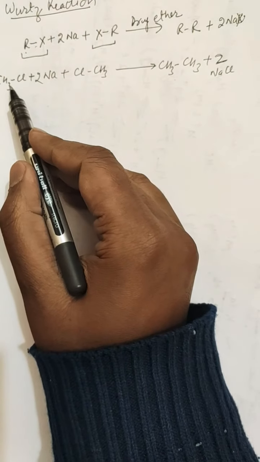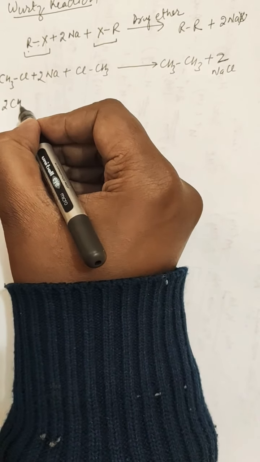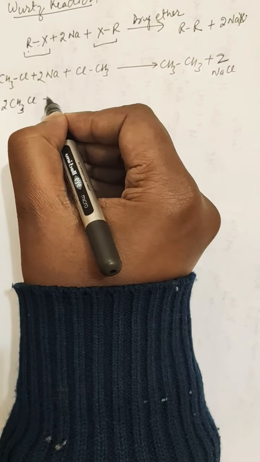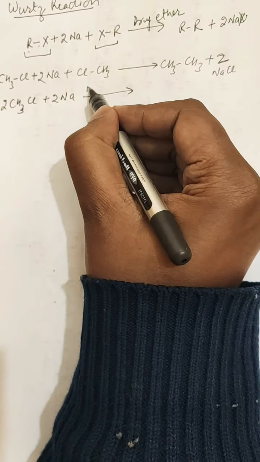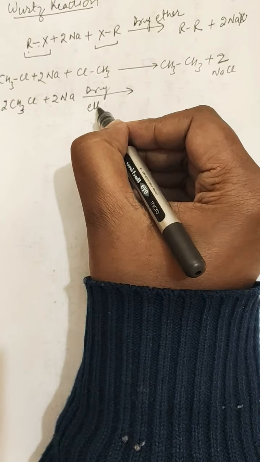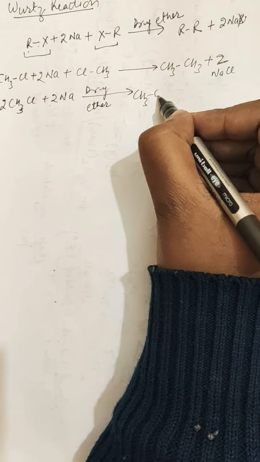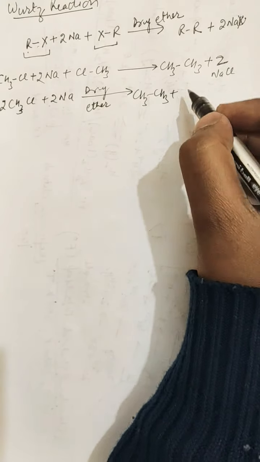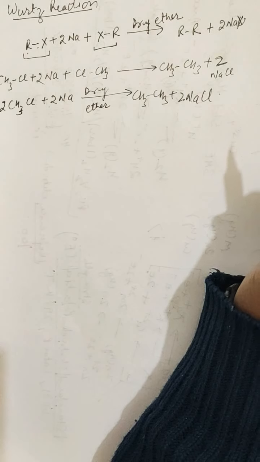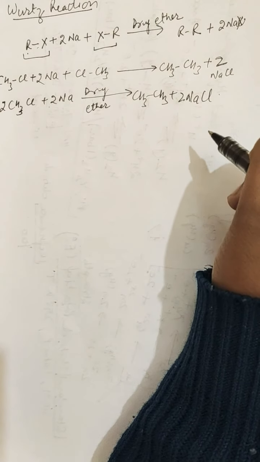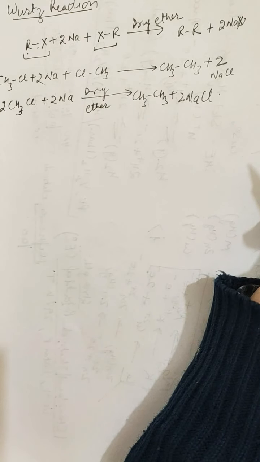It is not necessary that you always write in this manner. You can write it as two molecules of methyl chloride reacting with two atoms of sodium in the presence of dry ether to form the higher alkane CH3CH3 plus two molecules of sodium chloride. So you can write this reaction for any alkyl halide to form the corresponding alkane.